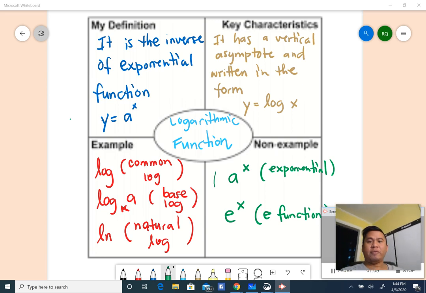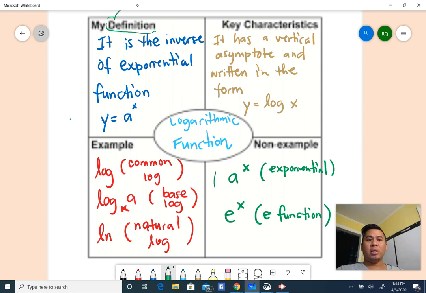Now let us use our Frayer model of definition in order to understand what logarithmic functions are. So basically, for my own definition, I would say that a logarithmic function is the inverse of an exponential function a to the x.